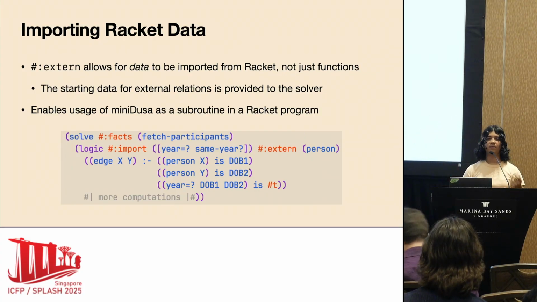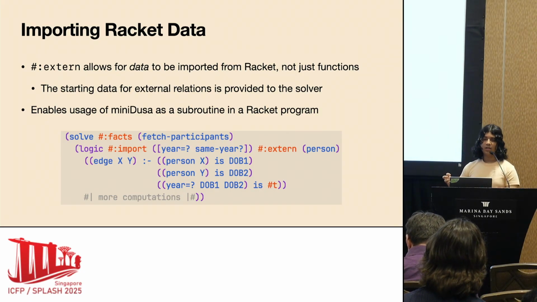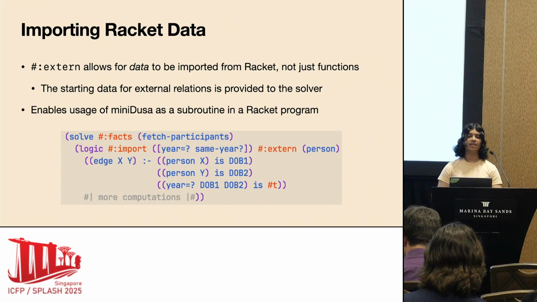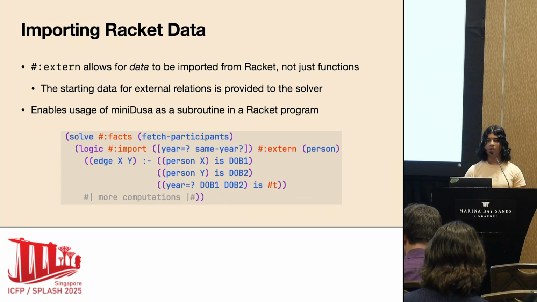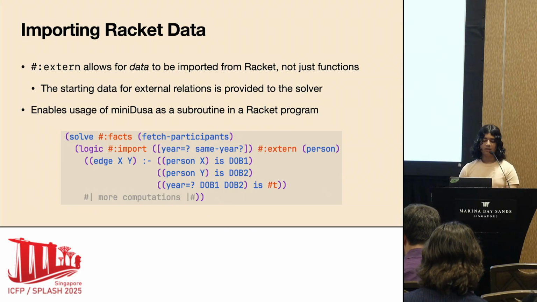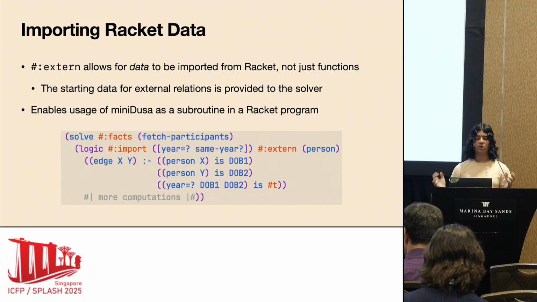This can be fetched from the internet, from a database, whatever, and you're effectively operating on external data using external functions and using miniDusa as a subroutine, which means you can use language-oriented programming where you can work on problems that are easier to express in Racket, and easier to express in logic programming in miniDusa, and freely choose the right tool for the job.